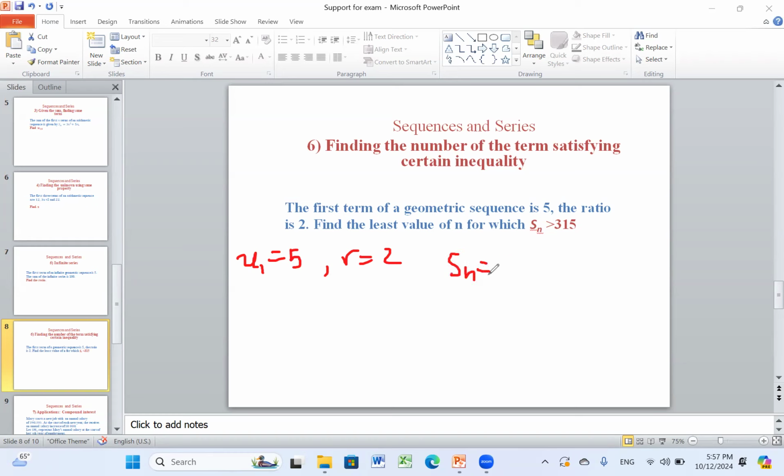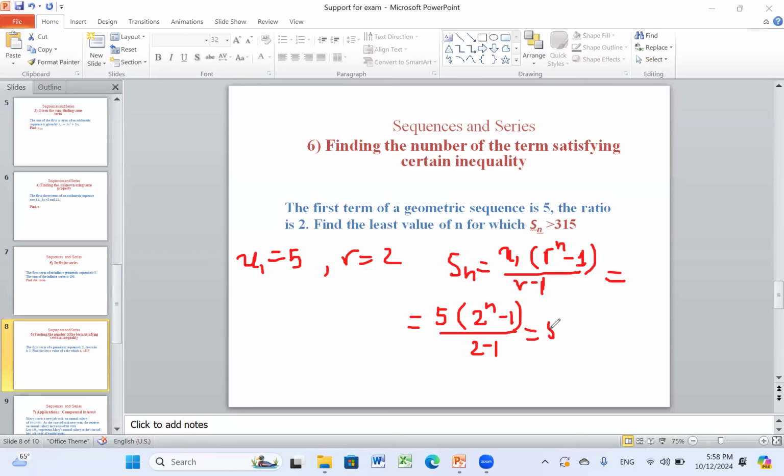The sum of the first n terms in a geometric sequence is u1 times r to the power n minus 1, divided by r minus 1. So if we place everything, u1 is 5, r is 2, so it's 2 to the power n minus 1 divided by 2 minus 1.